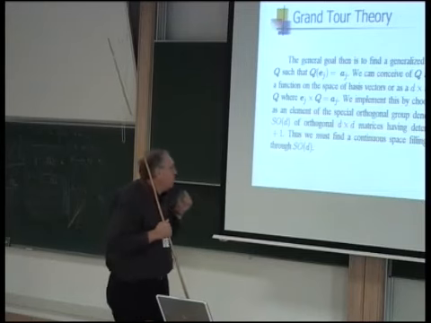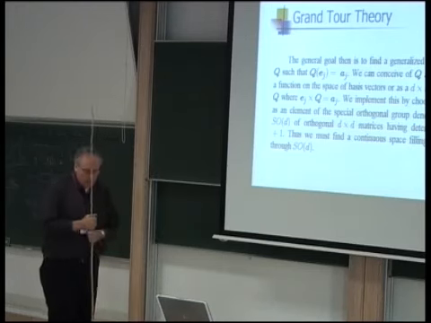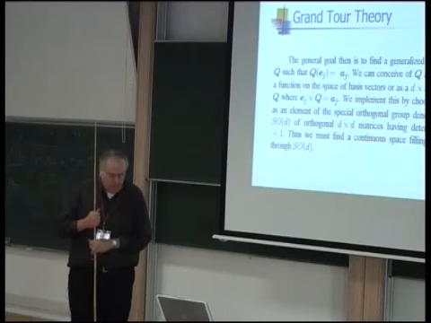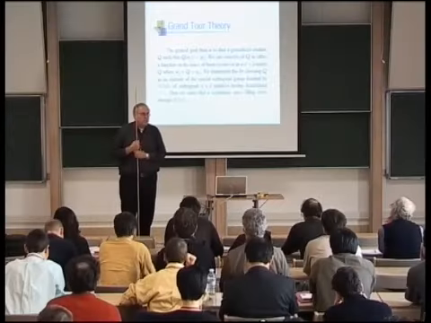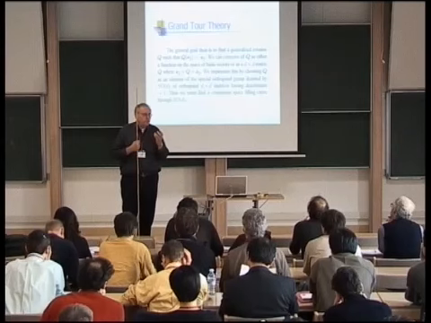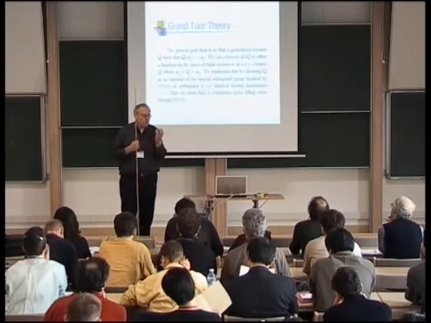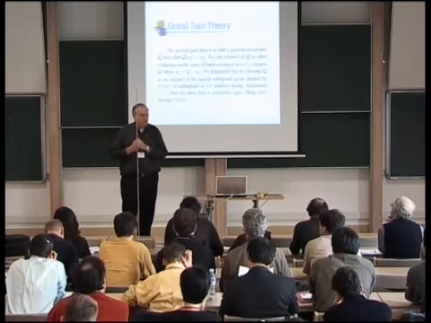By the way, when we talk about the grand tour, it has two critical features. One is that we want the coordinate system to move smoothly, because we want visual continuity. So that's why we want a smooth transition.